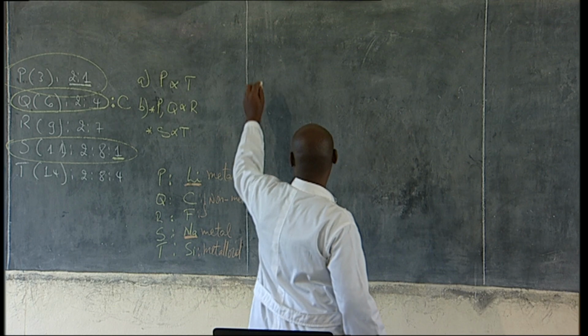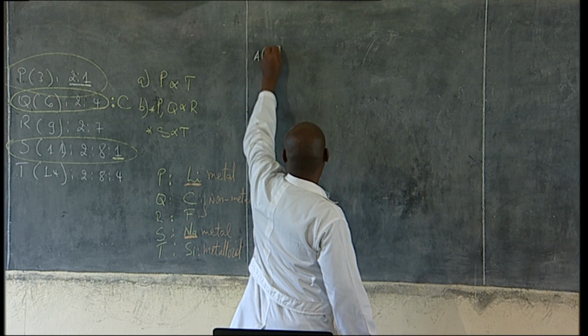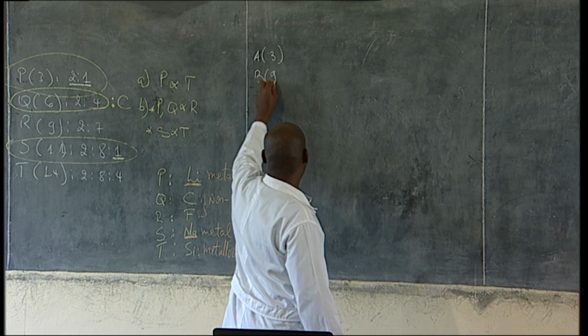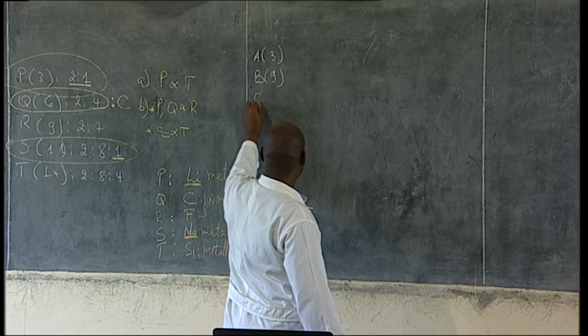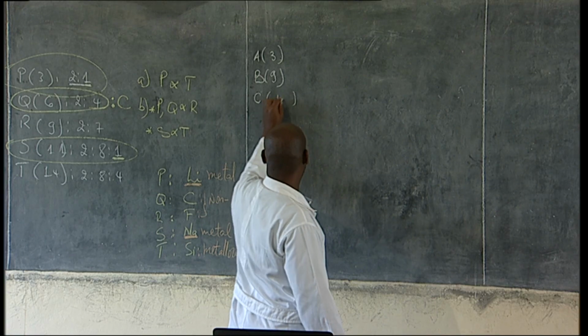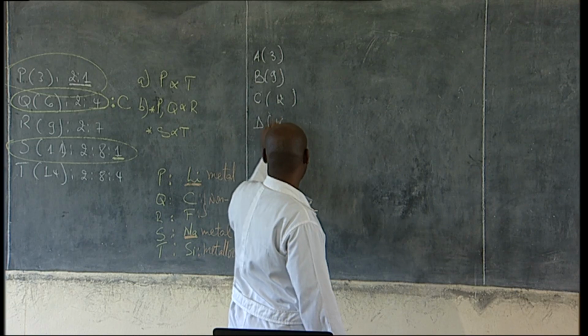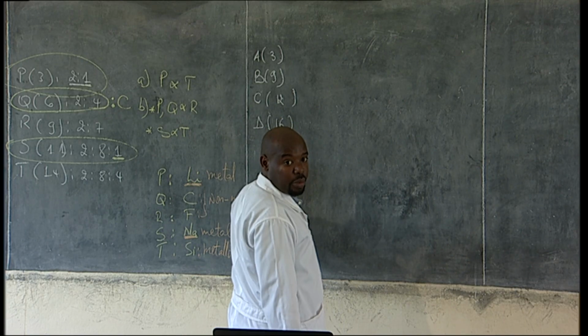So we have A with 3, B with 9, C with 12, D with 16, E with 18, F with 20. These are atomic numbers.